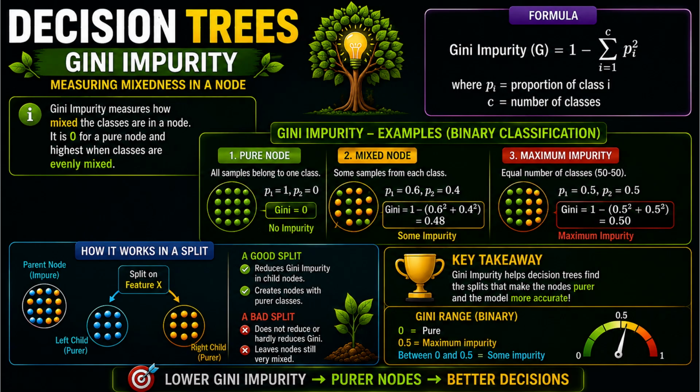A good split reduces Gini impurity in the child nodes and creates nodes that are purer than the parent. It varies from 0, which is pure, to the maximum impurity of 0.5. So between 0 and 0.5, you have some impurity. Gini impurity helps decision trees to find the splits.